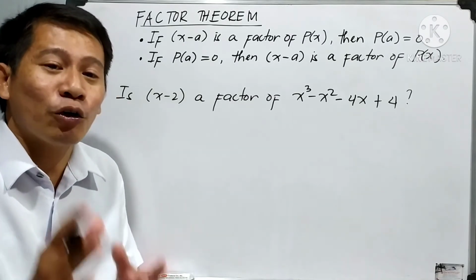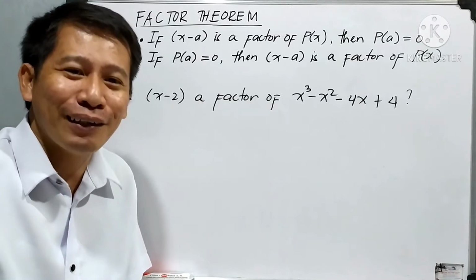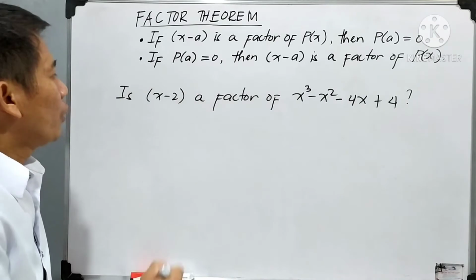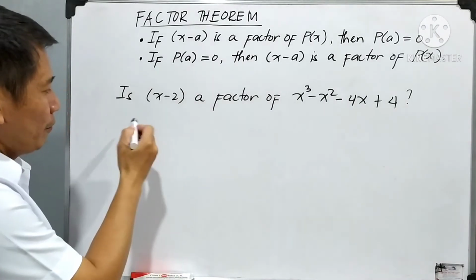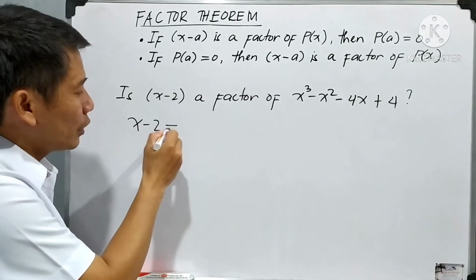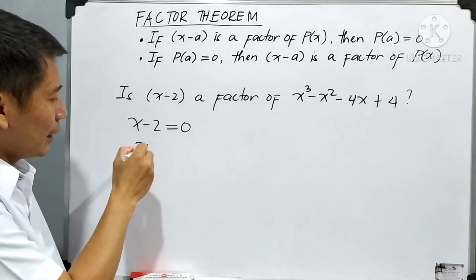So let us compute the remainder by applying the remainder theorem. And how are we going to do that? Okay, first, you take your binomial, that is x minus 2. You just equate it to 0. You solve for x. So x is equal to what?